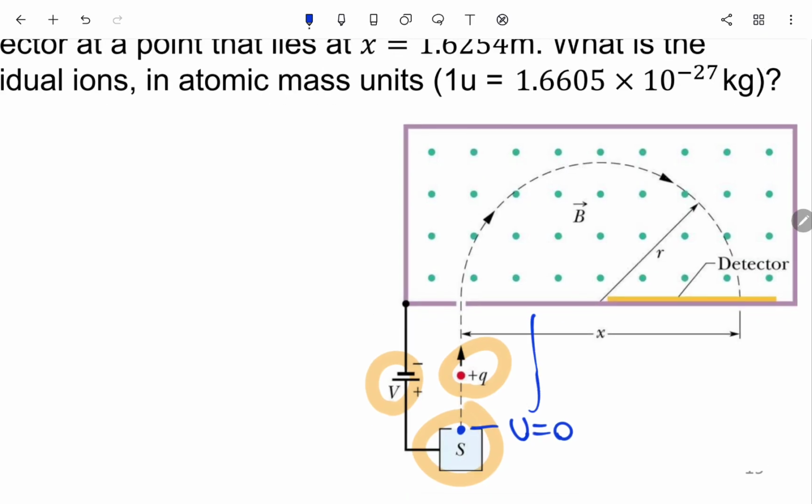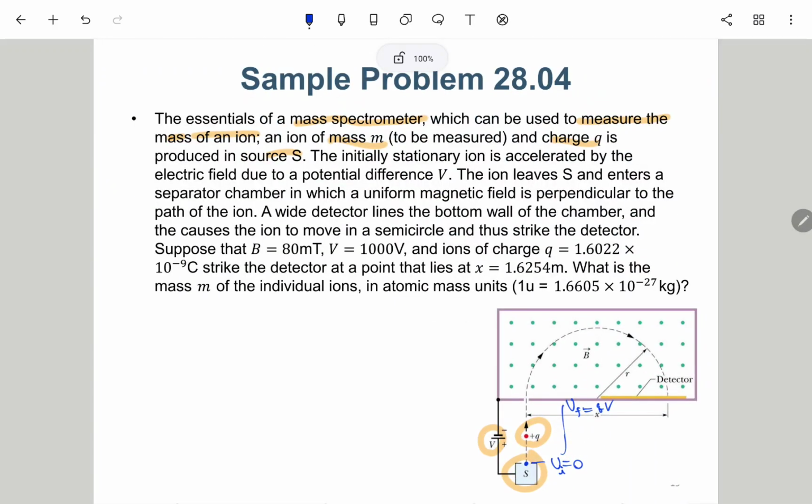There will be some final U, UI, UF, something like that. So UF will be like q times V, or negative qV, depending on what you like.